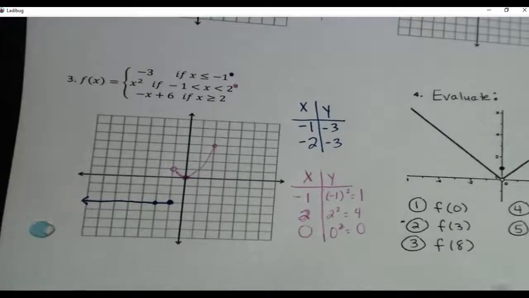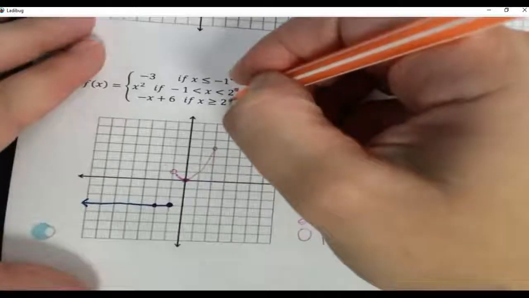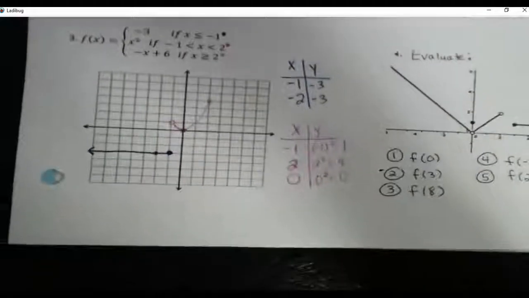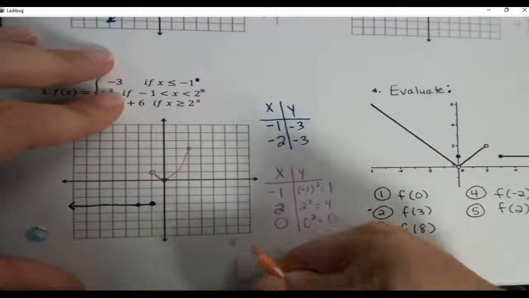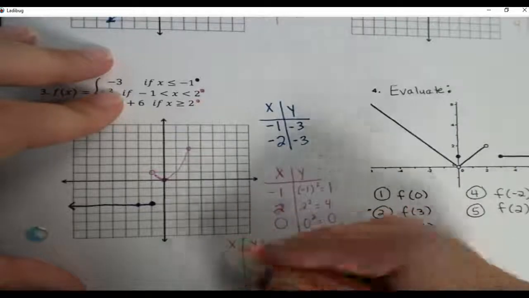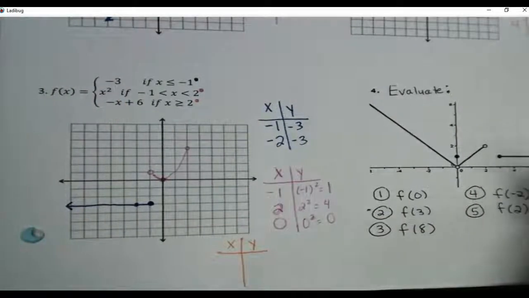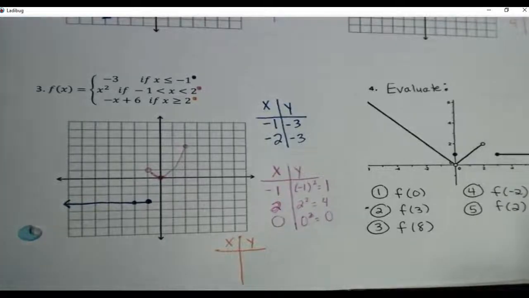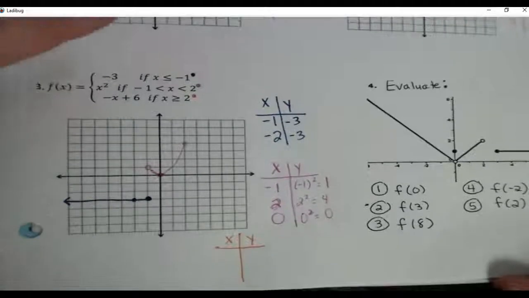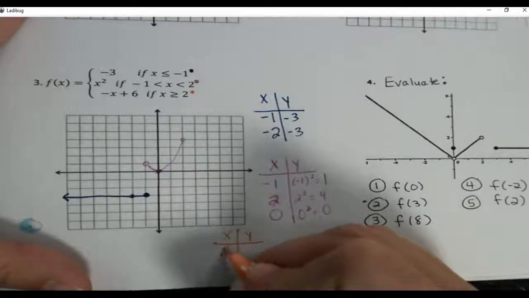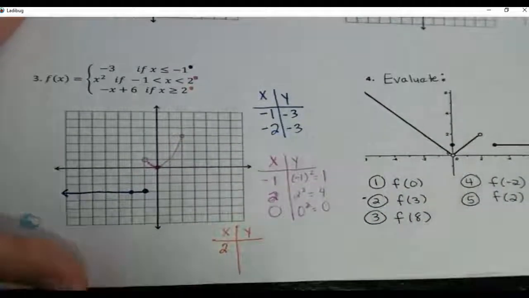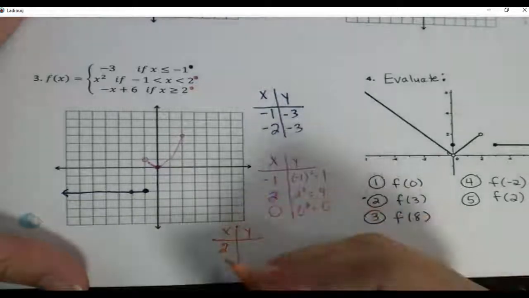Okay, but this one has one more piece. So let's look at this last one. And so what x value does it give me? 2. And if I want x's that are greater than or equal to 2, what's our next one? 3.